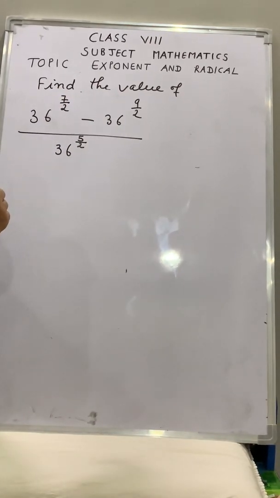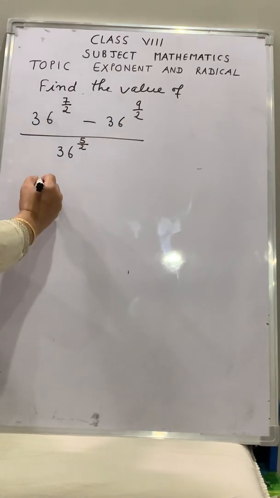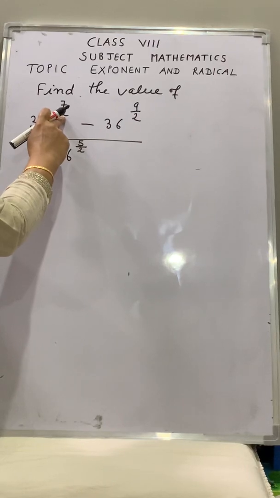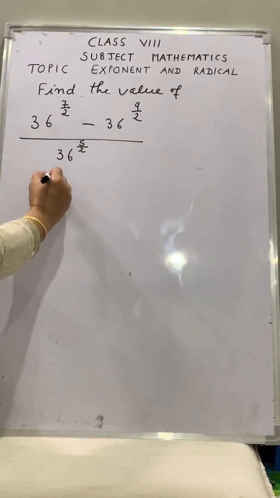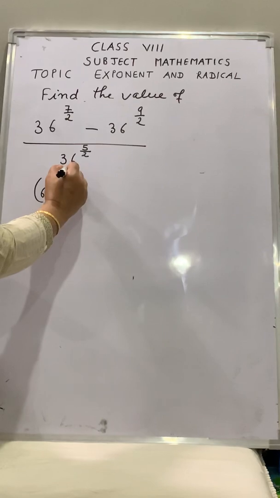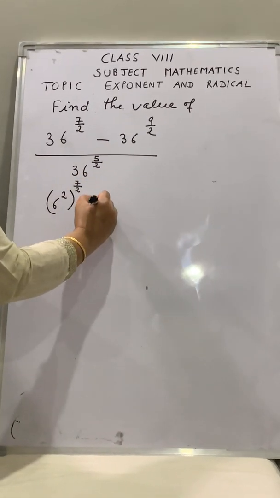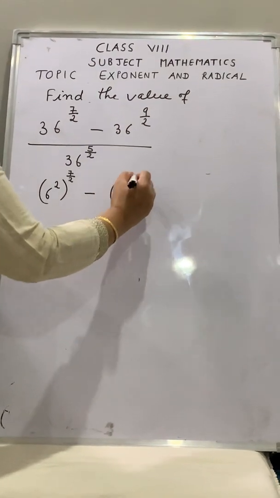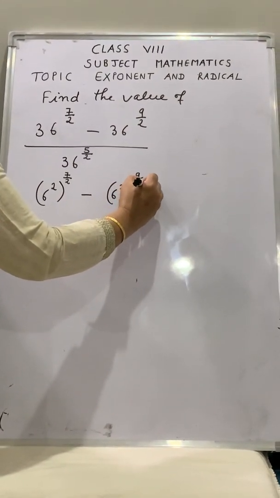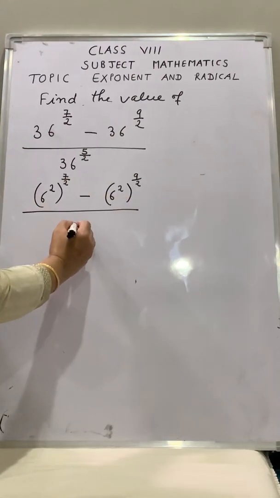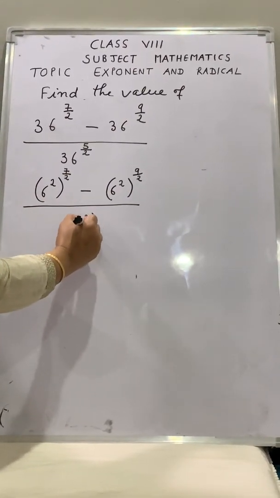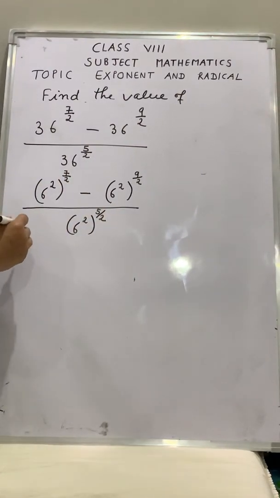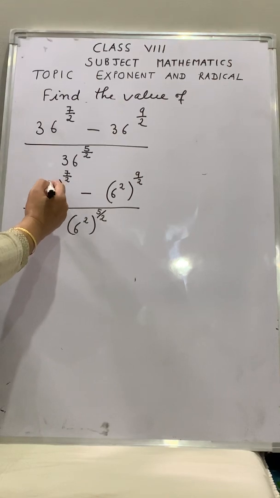First of all, we can write 36, here index is 2. We can write 6 raised to power 2 whole power 7 by 2 minus 6 raised to power 2 whole power 9 by 2, divided by 6 raised to power 2 whole power 5 by 2. No student will cancel to divide this.